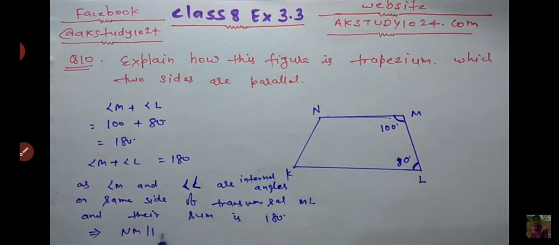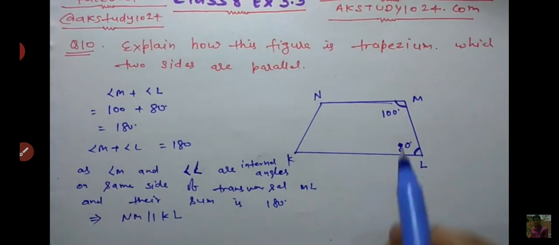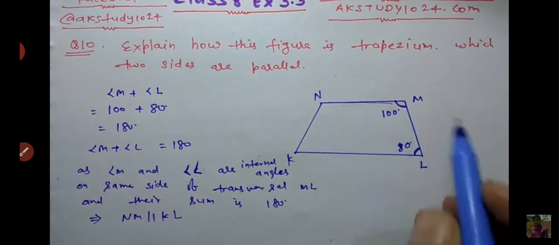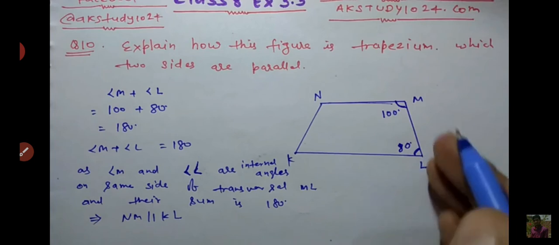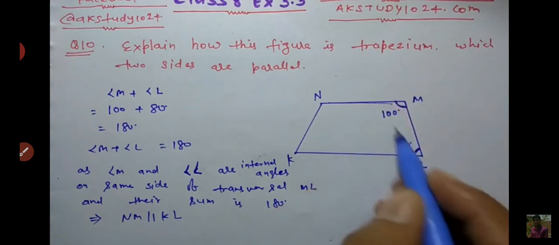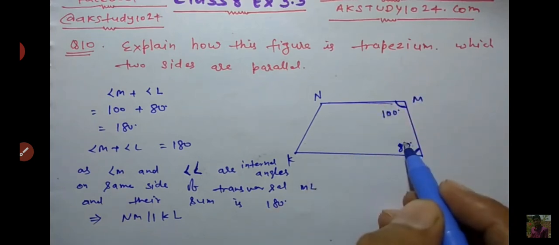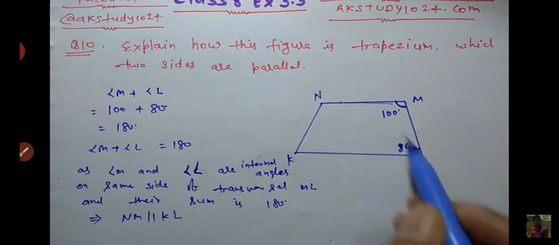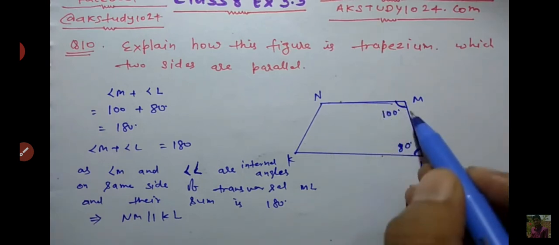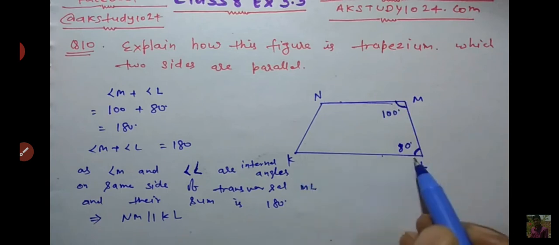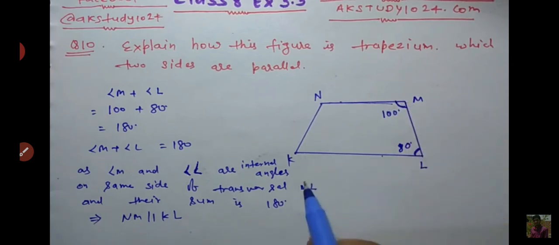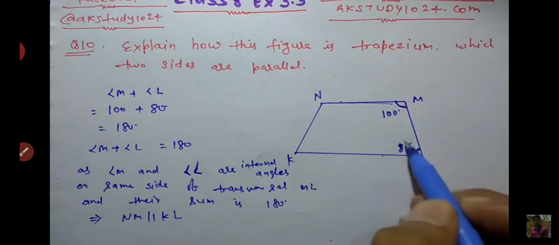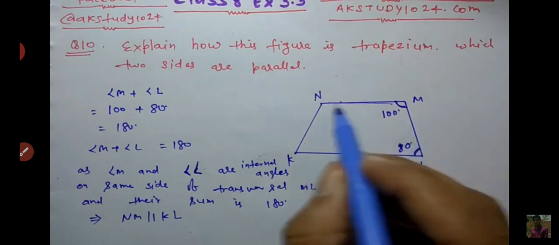Or, as M and L are interior angles on the same side of the transversal ML, their sum is 180 degrees. And NM is parallel to KL because the sum is 180 degrees. If the sum of interior angles is 180 degrees, then the lines are parallel to each other. Suppose KL and NM are two lines and ML is a transversal to them, then the sum of interior angles is 180 degrees.